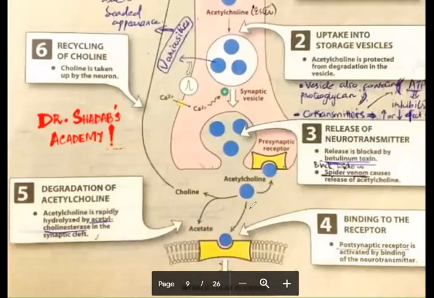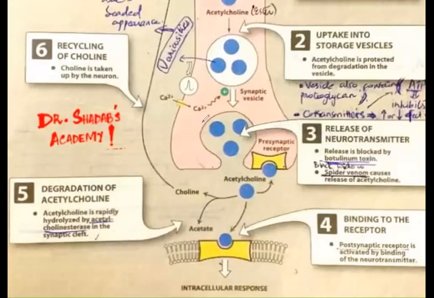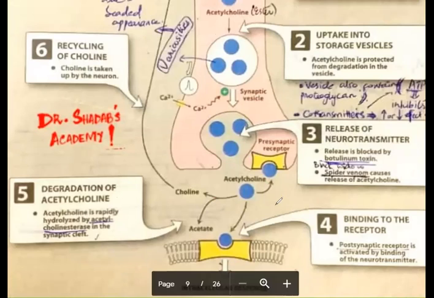Now, this is the basic mechanism of acetylcholine, and this is how it works. Now, I want to tell you one more very important thing that you might read in books or in First Aid. It is not given in exact terminologies, but there is something which I want to tell you, called cholinergic crisis.